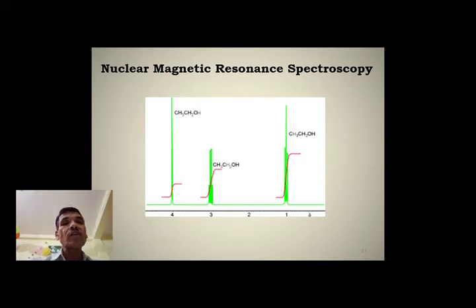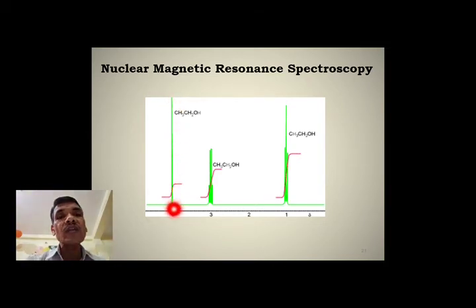In case of ethanol, we know that the ethanol molecule possesses 3 different types of protons, where here in this spectrum one signal is observed here which is for one type of hydrogen atom. Here there is another signal, and here is the third signal.